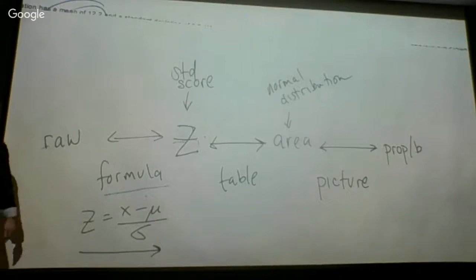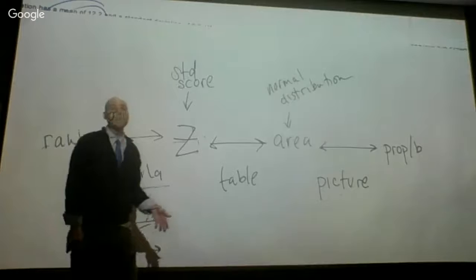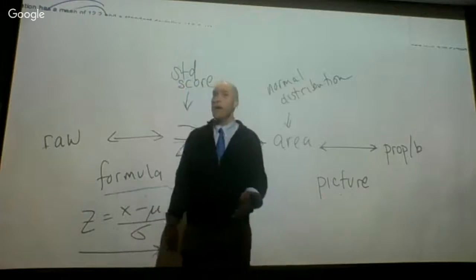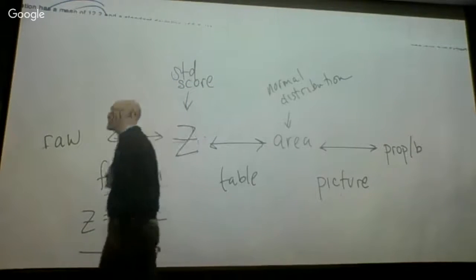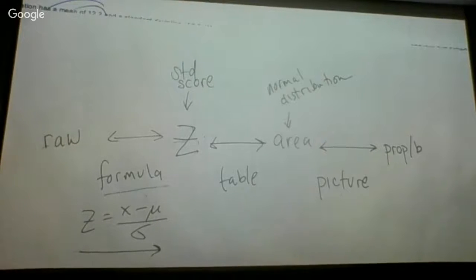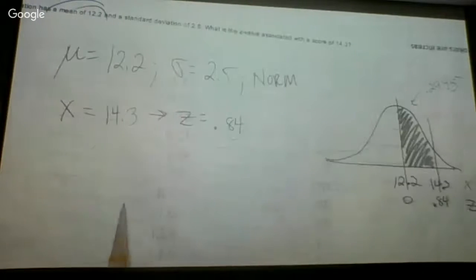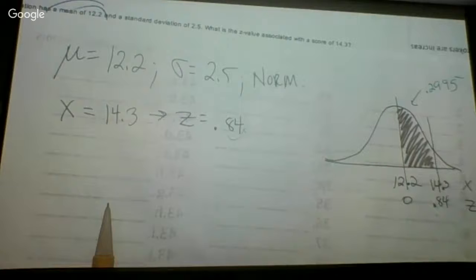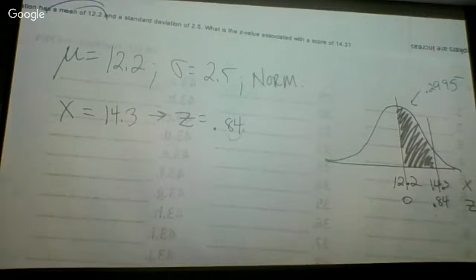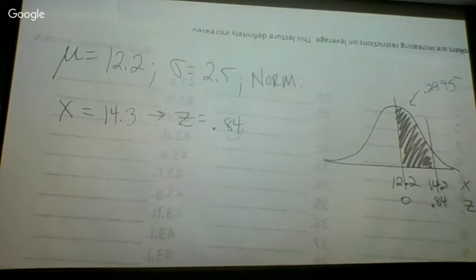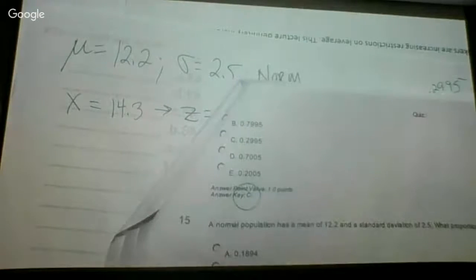Having the picture there helps us to know which parts we need to add and which parts we need to subtract. But for this problem, it's pretty trivial, because we can just look at this picture and know that the area between those two things is the same as the proportion we're looking for, or 0.2995. Hopefully, that's an available option here. Cool.